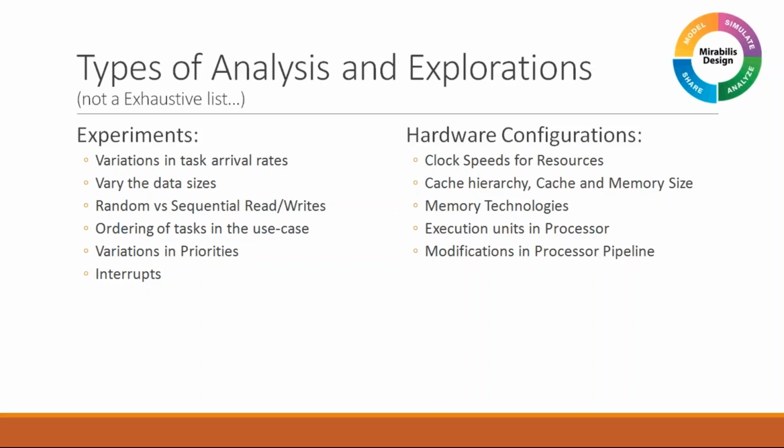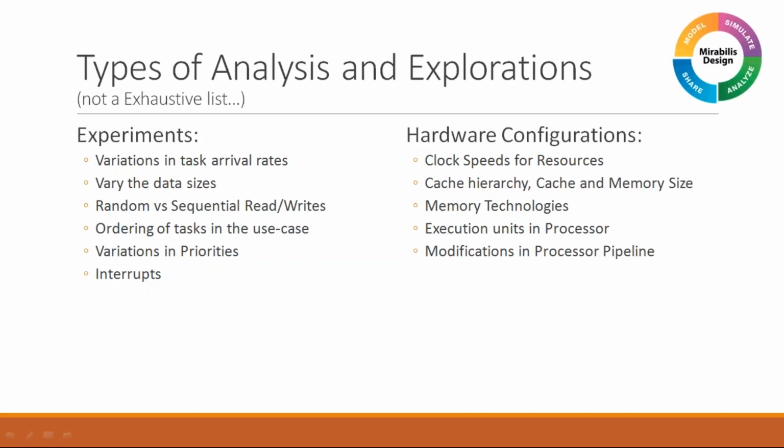So how a different set of tasks are being executed on the platform, and what is going to be the impact of it on the complete system platform. In addition to that, you can consider doing variations in the priorities or generating interrupt messages quite often and trying to understand the impact of it on the total system performance.